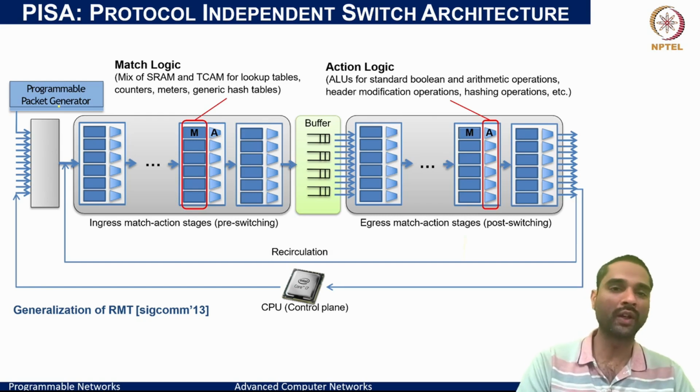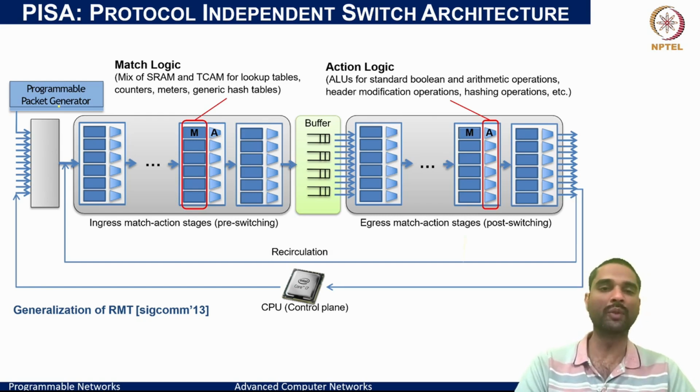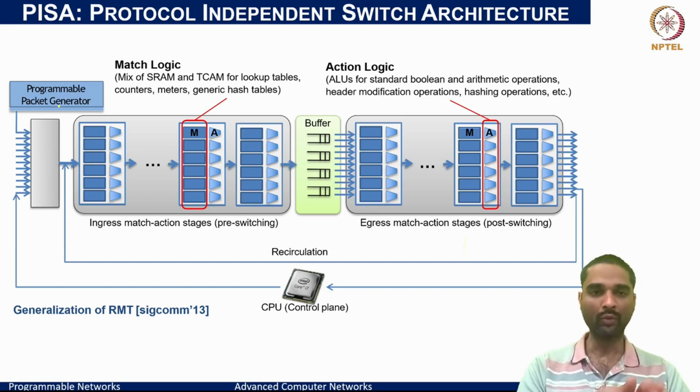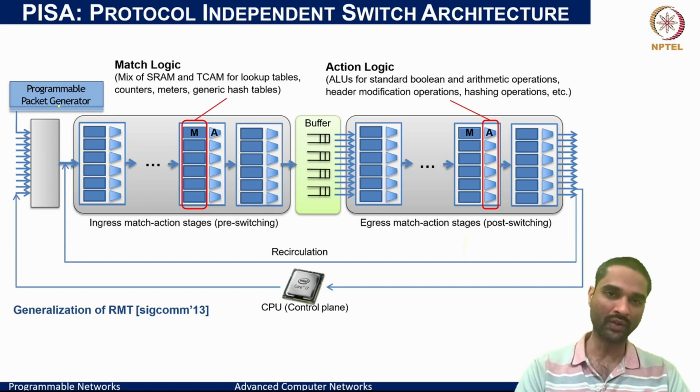And the match logic, again, as we discussed, it would be a mix of SRAM and TCAM for lookup tables, and you would be able to maintain the counters, the meters for each of these.